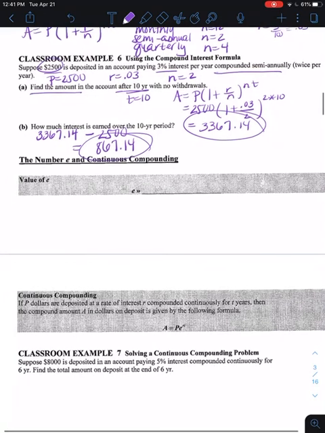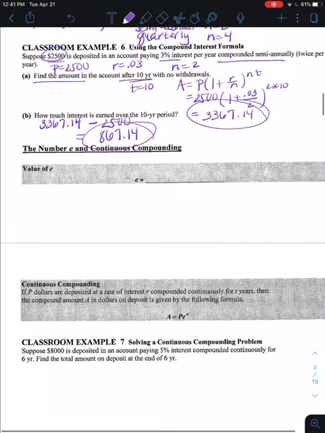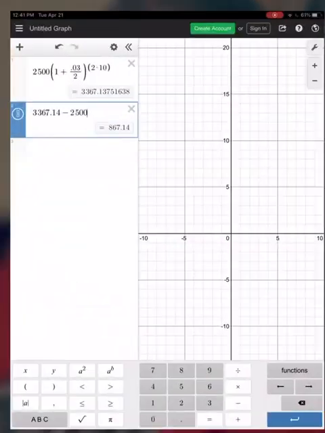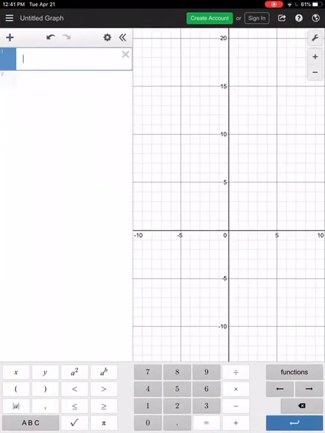All right, the number e in continuous compounding. You have this new value, e. E actually has a value. It kind of works like pi. Pi has that value 3.14. Well, e has a value attached to it. So let's put this into decimal so you can see the value of e.